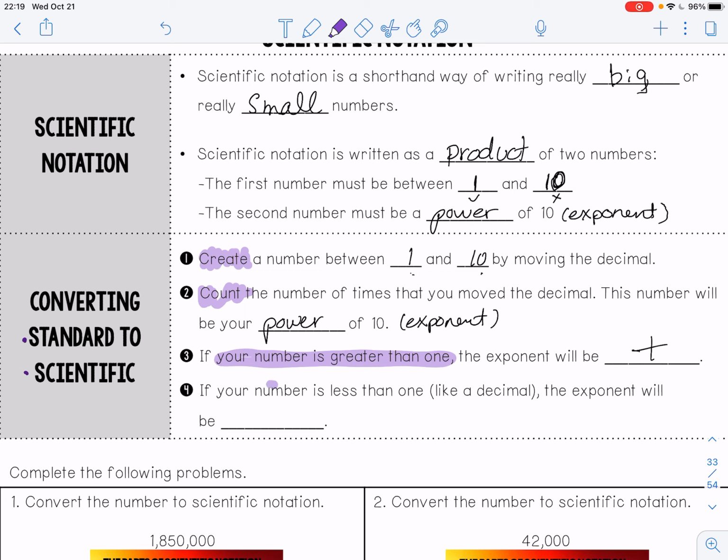If your number is less than 1, which means it is a decimal that starts with 0, like 0.001 is an example of a number less than 1, okay? This has to be 0 in order for it to be less than 1. And if we have a number like this, the exponent will be negative.